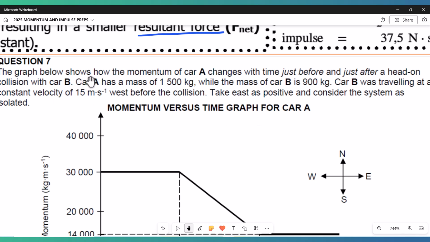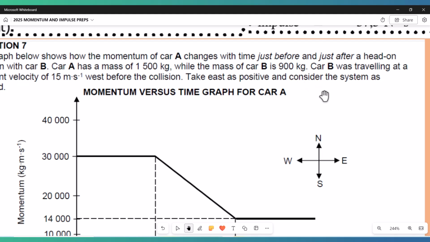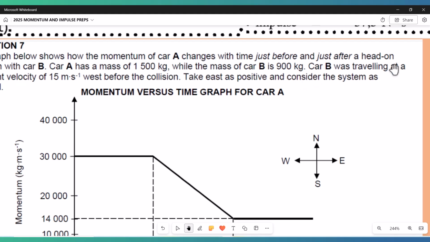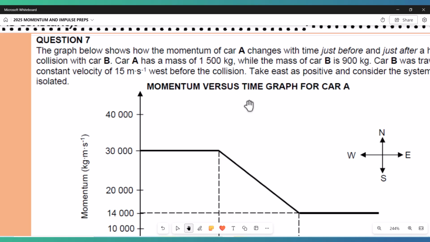The graph below shows how the momentum of car A changes with the time just before and just after a head-on collision with car B. Car A has a mass of 1500 kilograms, while the mass of car B is 900 kilograms. Car B was traveling at a constant velocity of 50 meters per second west before the collision. Take it as positive and consider the system as isolated.